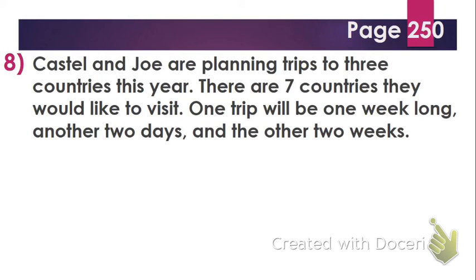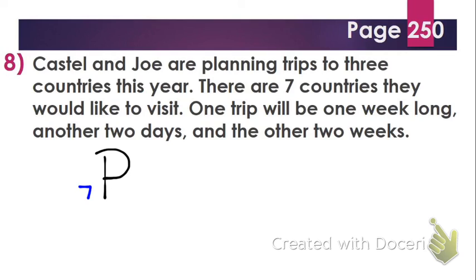Will these things be treated the same or different once they decide which countries they're going to visit? They're going to be treated differently because they're going to be in these countries for different lengths of time. So if they're going to be treated differently, would that make it a combination or a permutation? Permutation. So how do I write this down then? 7, because they are choosing from a total of 7 things.